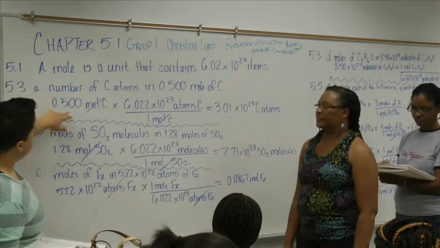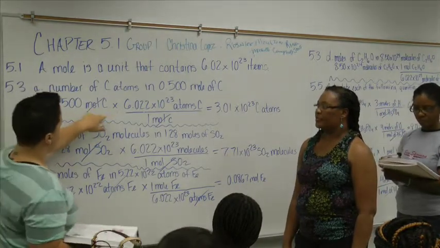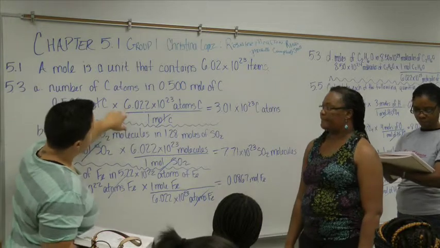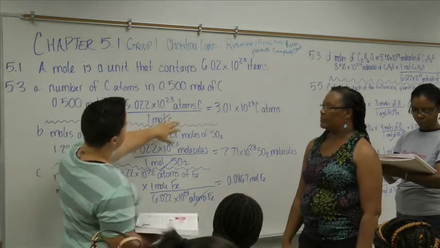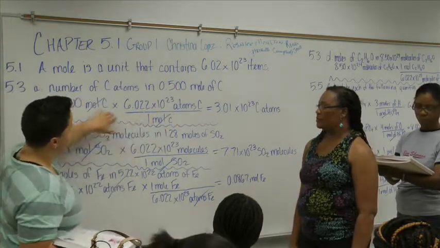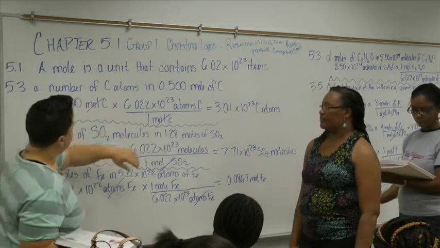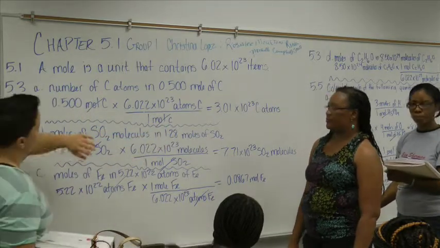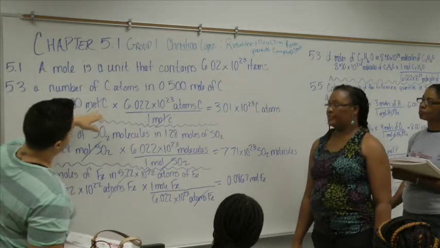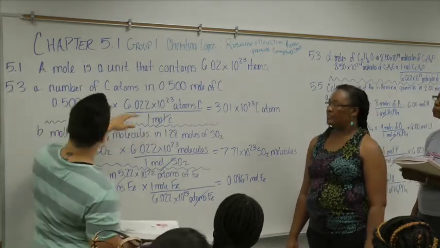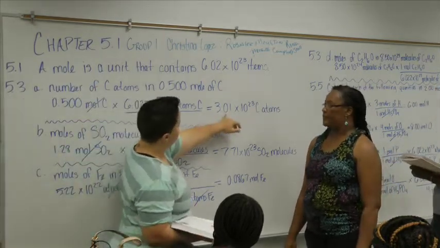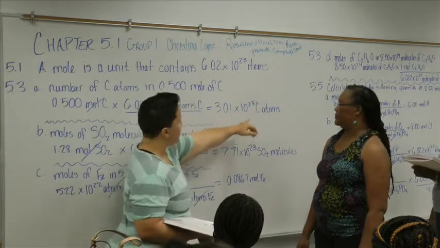So we have 0.500 mole of carbon times 6.022 times 10 to the 23rd atoms of carbon all over 1 mole C. So we can go ahead and cross out like terms, leaving us with 3.01 times 10 to the 23rd carbon atoms.